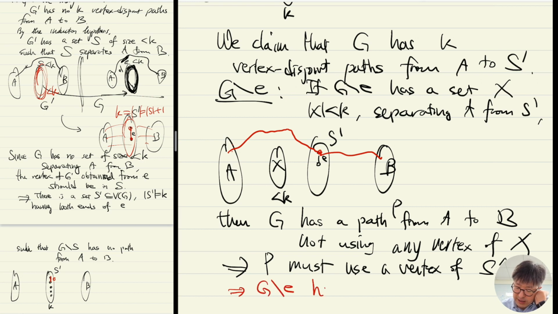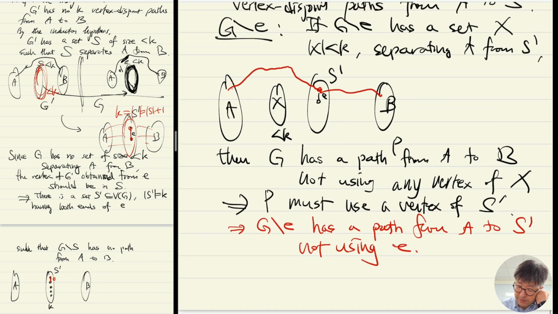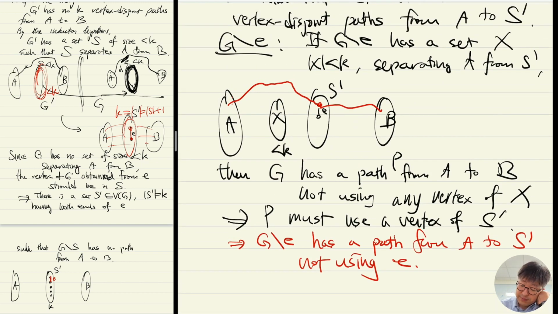G delete E has a path from A to S prime not using E. So that's a contradiction, because we said that X separates A from S prime, but it has a path.